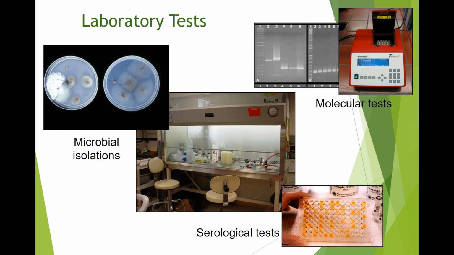Serological tests, similar to those little dipstick tests that you can use in the greenhouse itself, we'll use those, or we'll use a plate form of the same thing. And many laboratories now use molecular tests, either specific DNA extraction and sequencing, or primers specific to particular pathogens. So there's a whole gamut of tests that can be done by diagnostic laboratories.